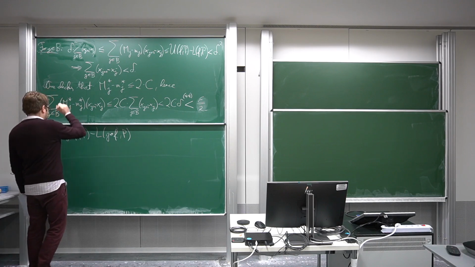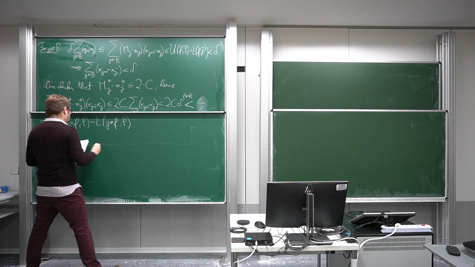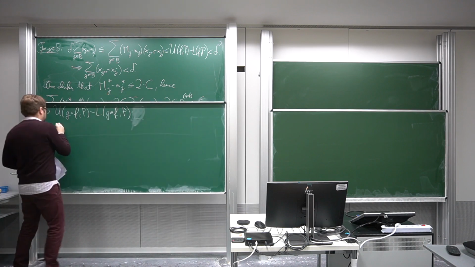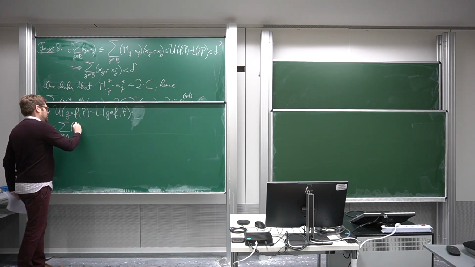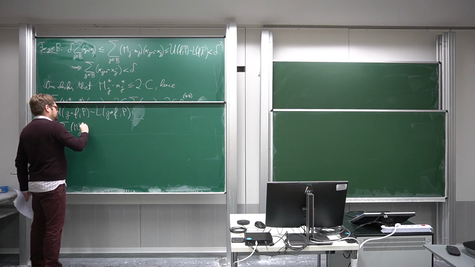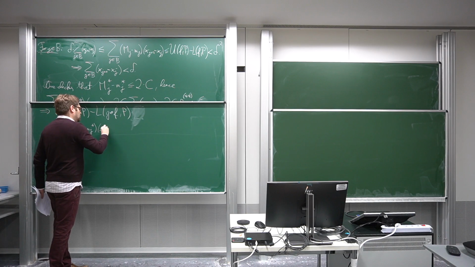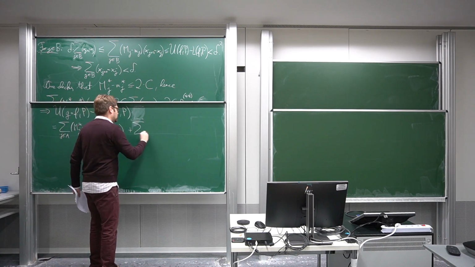Since this is split into a and b, this difference is the sum of all j in a of Mj star minus small mj star times xj plus 1 minus xj, and the remaining ones are those in b.